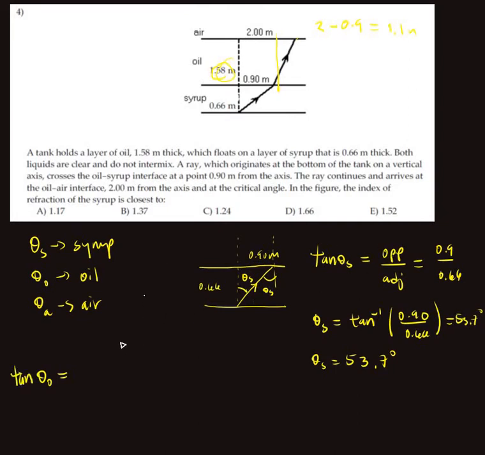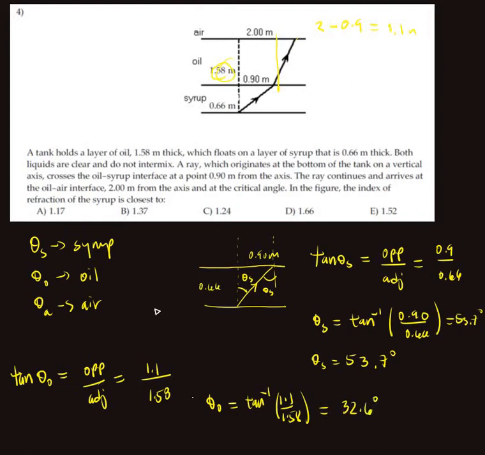Tangent of the angle theta oil is going to be the opposite divided by the adjacent, which is 1.1, the difference between 2 minus 0.90, divided by the height, which in this case is 1.58. Then we do the same thing. We find the angle of oil, which is going to be tangent inverse of 1.1 divided by 1.58. And if you do this, we're going to get 32.6 degrees.